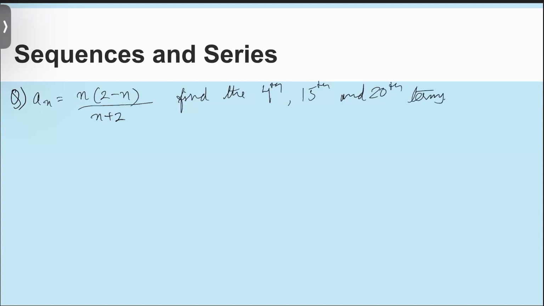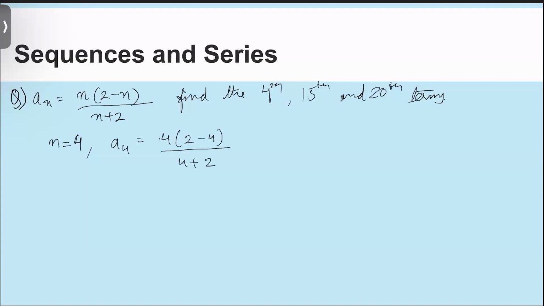Okay, so suppose we take our n is equal to 4. So this will be a4 is your n, which is 4, into 2 minus 4 upon 4 plus 2.